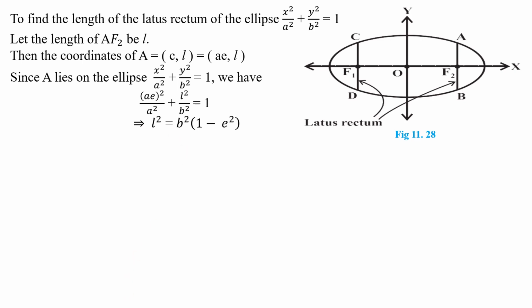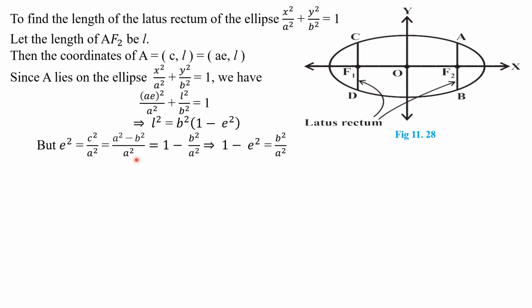But e square is equal to c square by a square. We wrote this formula. Again, c square is equal to a square minus b square. In the previous slides we discussed the c value: c square is equal to a square minus b square.